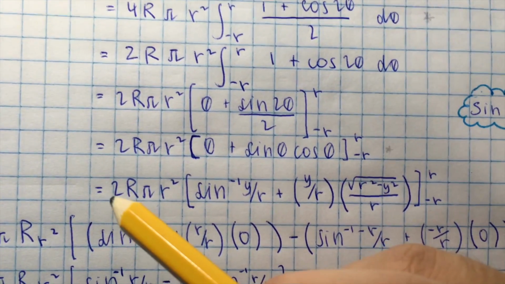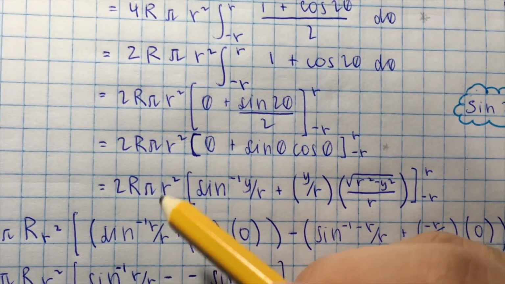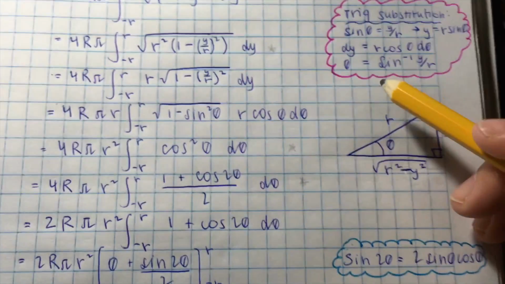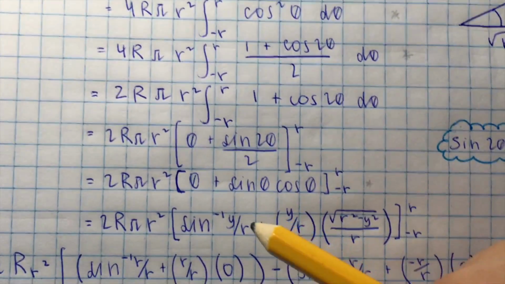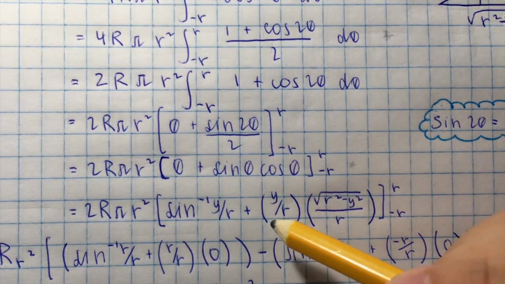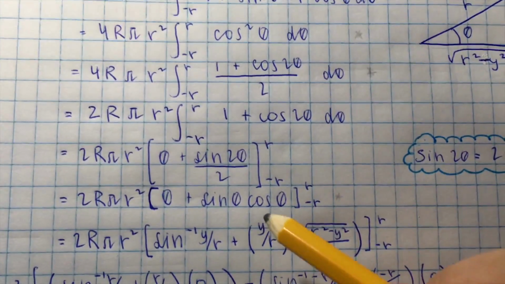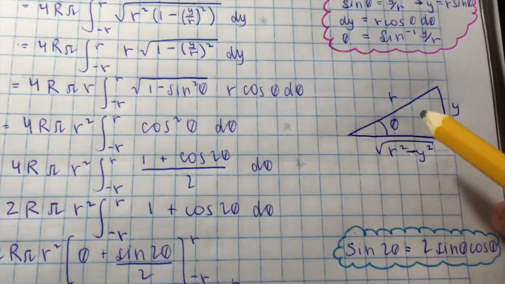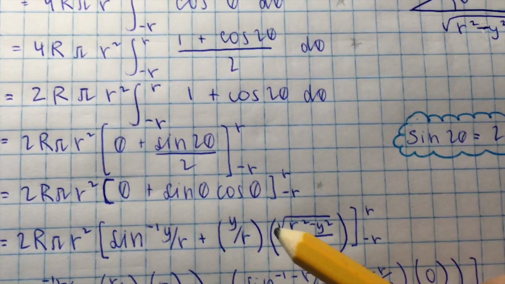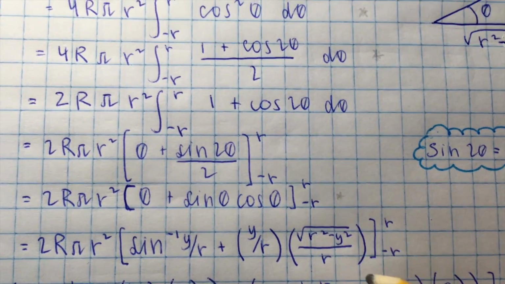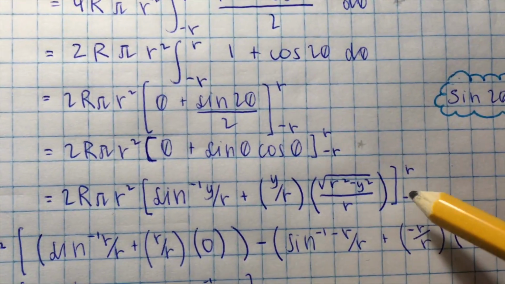And so we have 2R pi r squared of arc sine of y over r, as we had it here, plus y over r, as sine of theta is y over r, times cosine of theta, and so according to the triangle, it's square root of r squared minus y squared over r, from negative r to r.